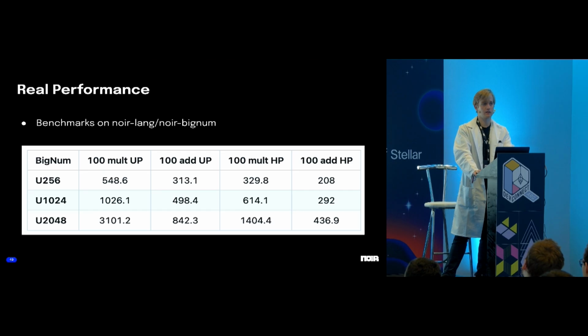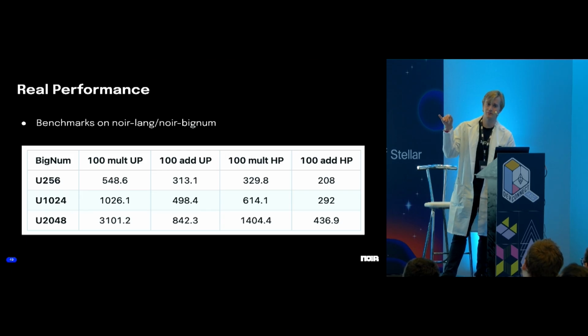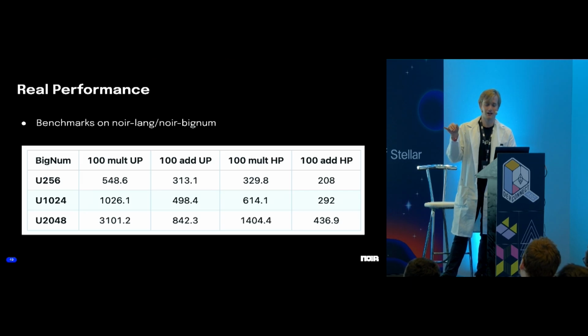I just want to highlight, though, that in our production big number, even though there's all this abstraction, all this kind of what looks like should slow down the code, it is still quite efficient. This is in ultraplonk and ultrahonk, although ultraplonk, I don't believe Barretenberg supports at all anymore, so the only one that's really relevant is the two columns on the right there. 100 multiplications with a 2000-bit big num, you can see is 1.4 seconds.